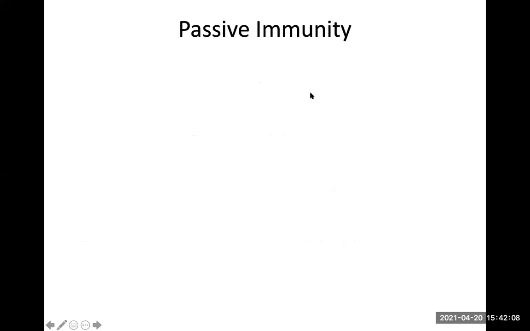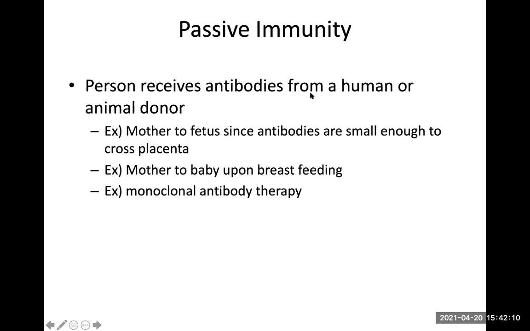Yeah. Okay, passive immunity, as I mentioned, is a person receiving antibodies. And so once they're used up, they're gone. And so the monoclonal antibody therapy is what I was just talking about, with a patient in the hospital receiving antibodies to help them fight their infection. And so that would be both passive and artificial.